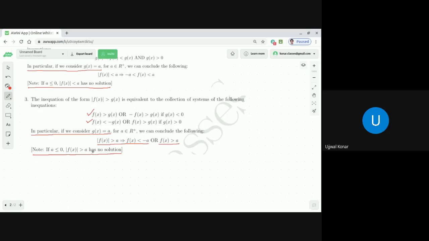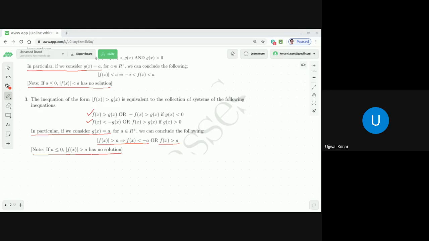Because if it is saying greater than minus 5, minus 6 is also greater than minus 5. So how can we find a solution of |f(x)| greater than minus 5? That is not possible. So this is the third guideline.